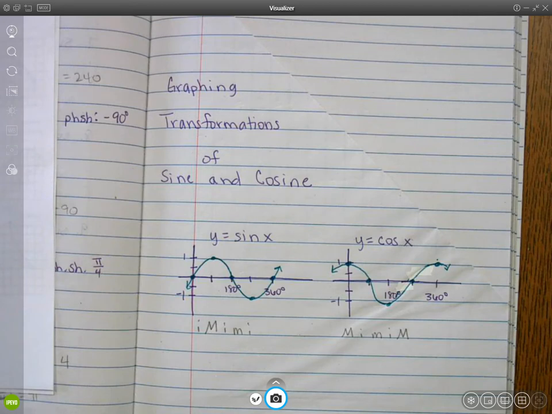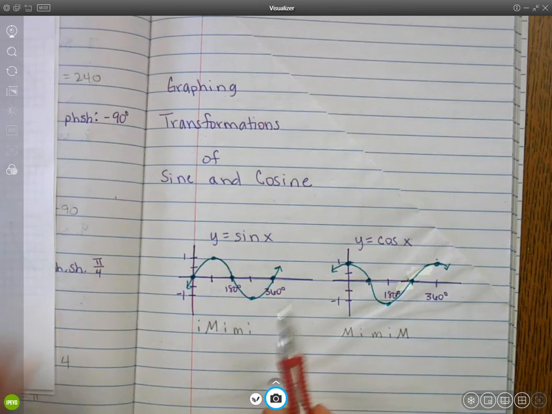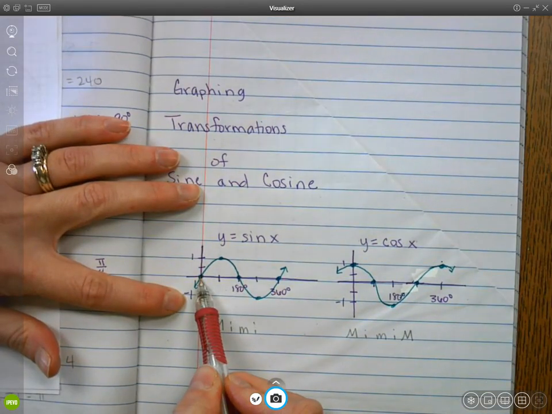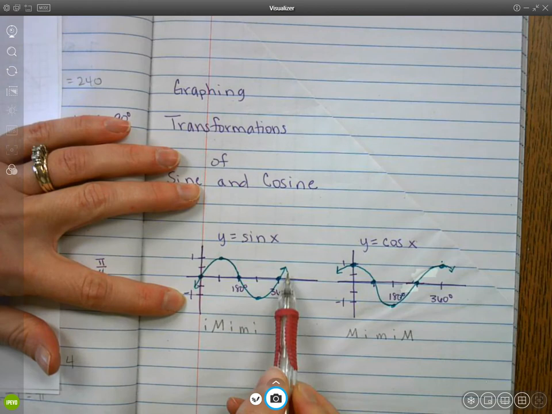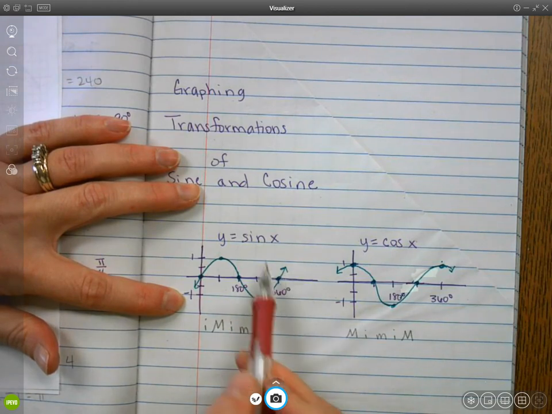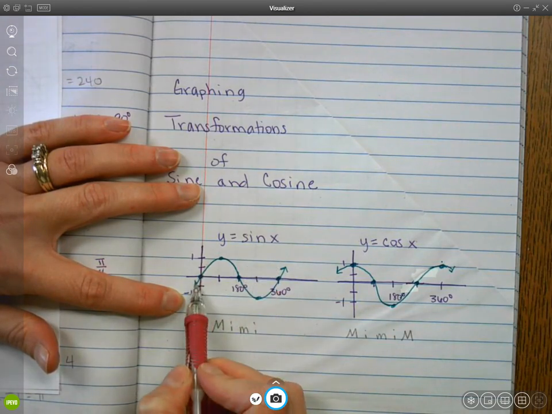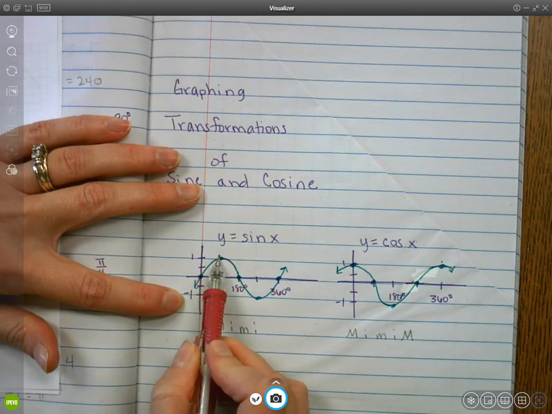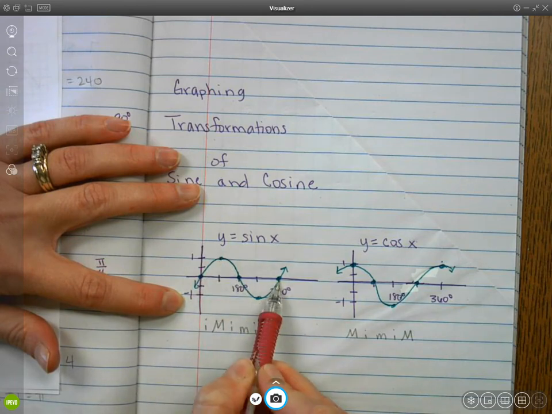But if I'm asking you to graph a transformation, then I just want a generic, basic, not all of the points graph. So for sine, remember that we start at 0, and then we go up, back to 0, down, back to 0. So all I need you to remember for sine is that you're going to go 0, 1, 0, negative 1, 1. And that covers from 0 to 360.